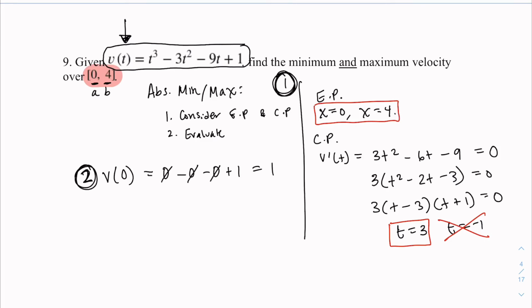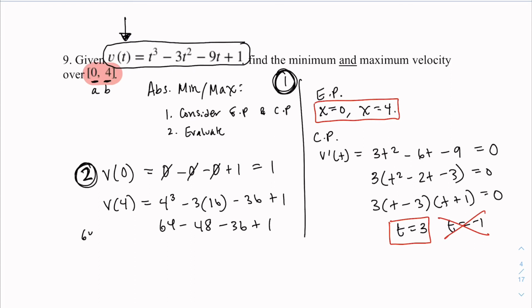Okay, velocity at 0 is 1. Let's find v of 4, the other endpoint. So it's 4 cubed minus 3 times 16 minus 9 times 4, which is 36, plus 1. That's 64.